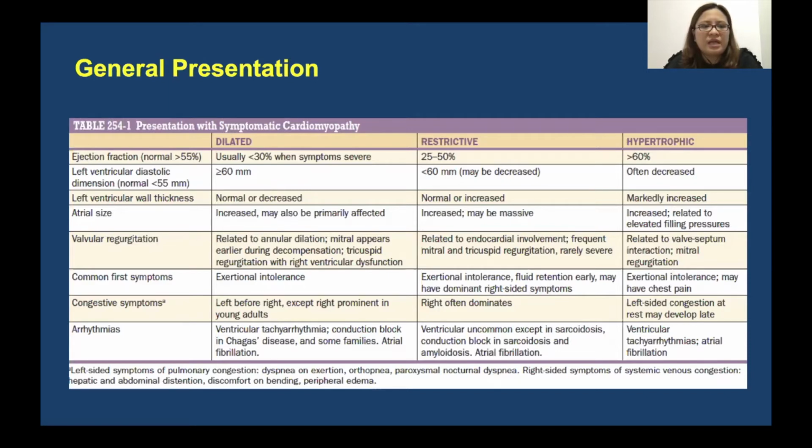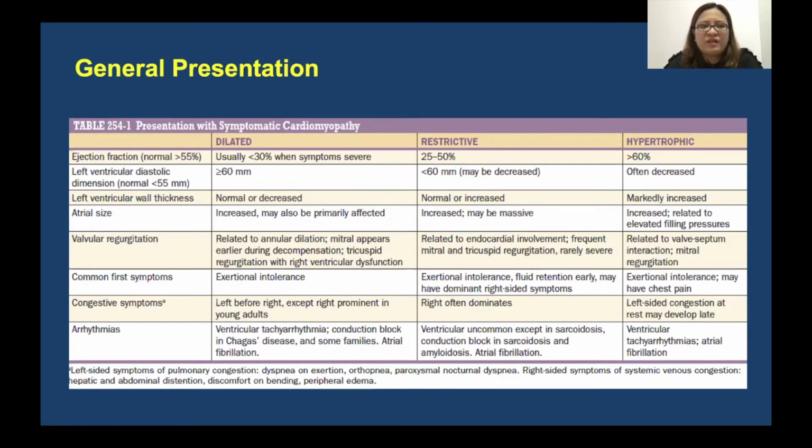And then for the atrial size, it is increased in the 3 types of cardiomyopathy, but it is massively increased in restrictive cardiomyopathy. The dilatation of the left atrium in hypertrophic cardiomyopathy is related to elevated filling pressure.